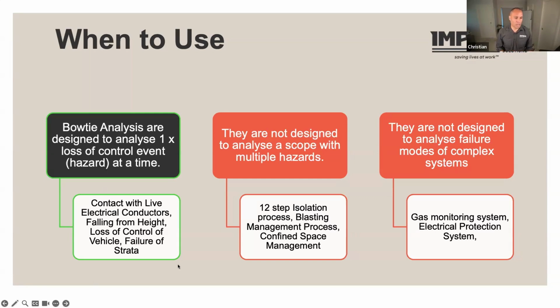And here are some examples of the center of the knots, or the things where we might be using bow ties. They are not designed to analyze a scope with multiple hazards. So if, for example, we want to do a risk assessment on our confined space process, a process being multiple steps with multiple hazards, bow ties aren't suited for that.